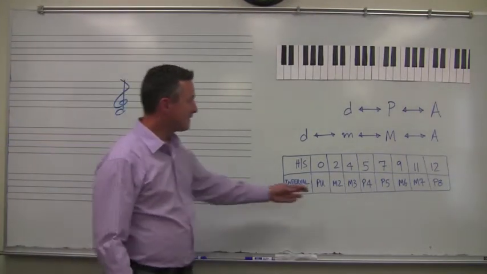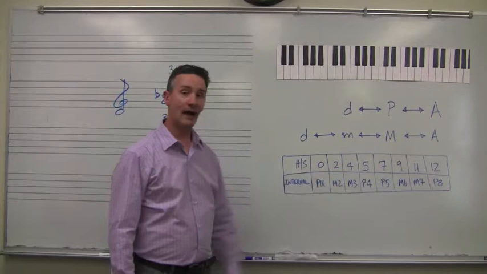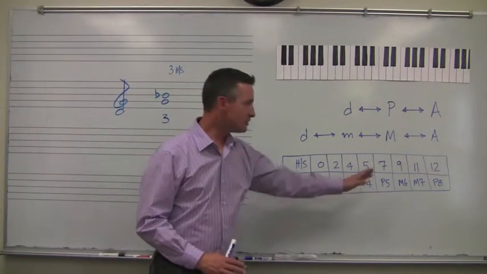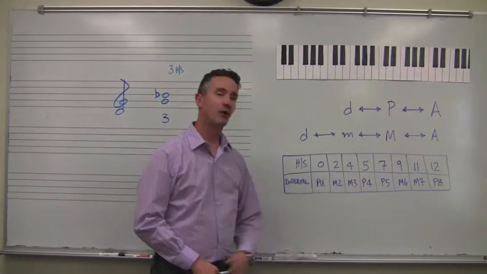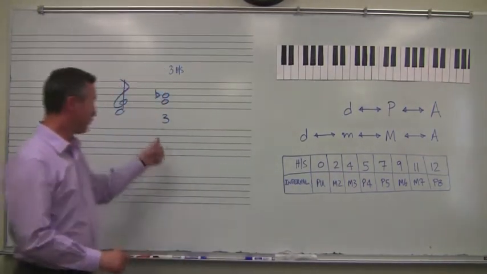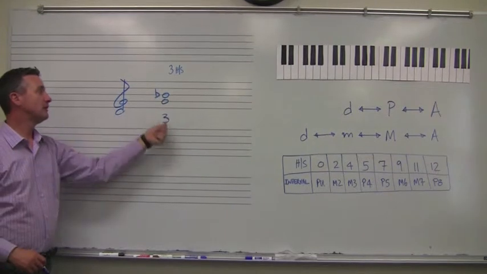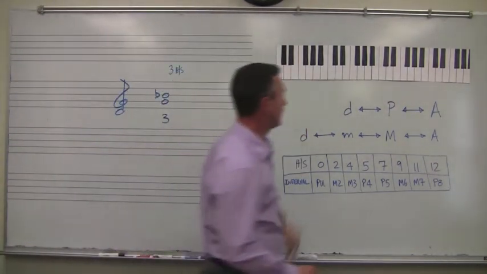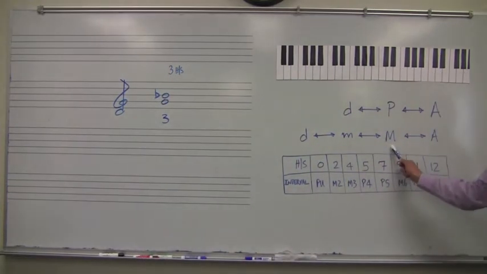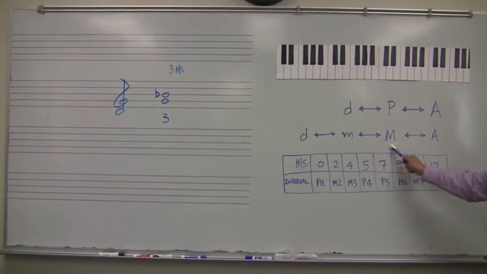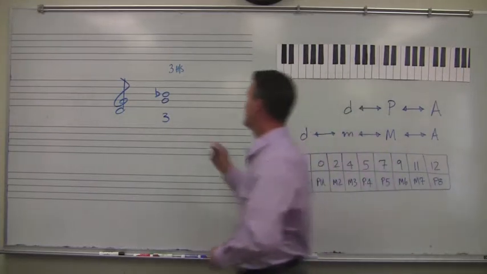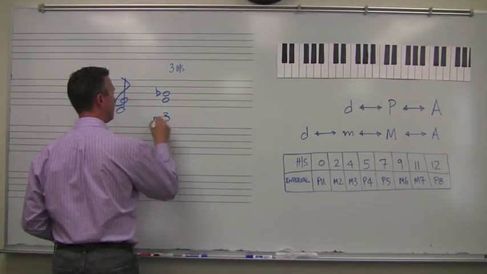I know that there is a major third, and it has 4 half steps. I know that because I have learned this chart, right? So I've learned this chart, and I know that a major third has 4 half steps. But this third, it's definitely a third, but it only has 3 half steps. So I go to here, and I say, I knew a major third that had 4 half steps. The one I'm looking at has 3, so it must be a minor third. This has got to be a minor third.